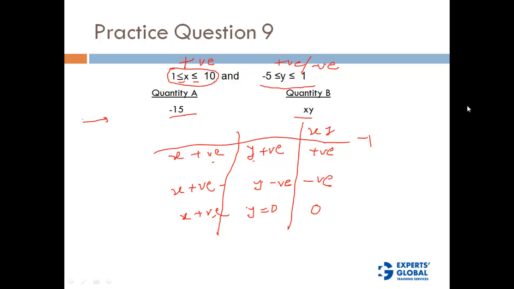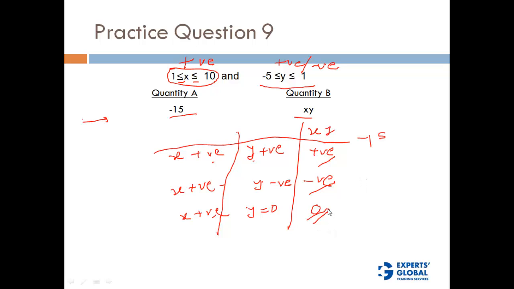So if it is this case, xy will be greater than minus 15. If it is this case, we don't know, because xy could be a negative number that is less than minus 15, or it could also be a negative number that is greater than minus 15. So we don't really know anything here.